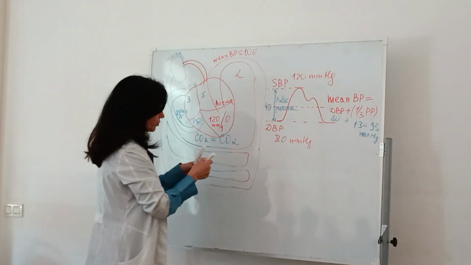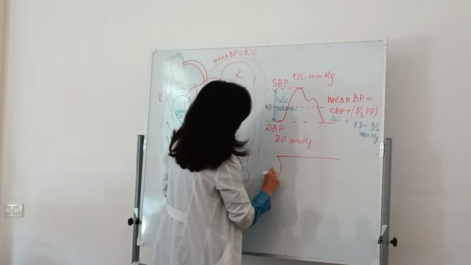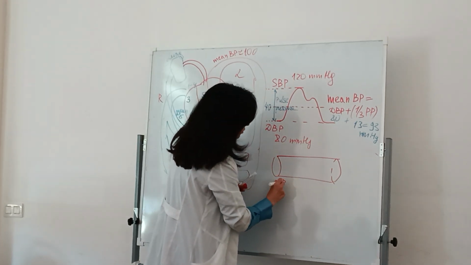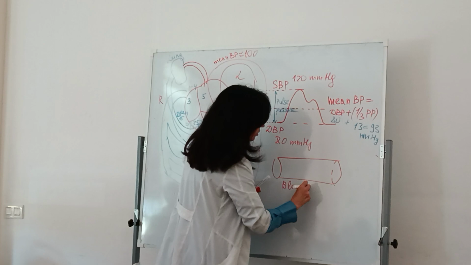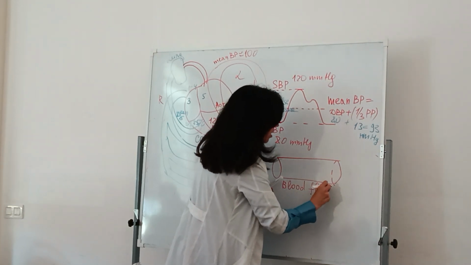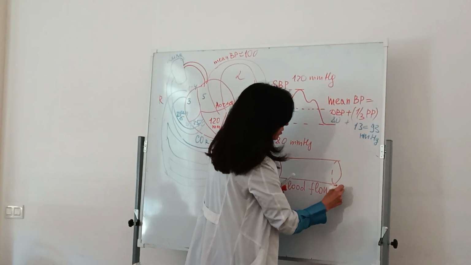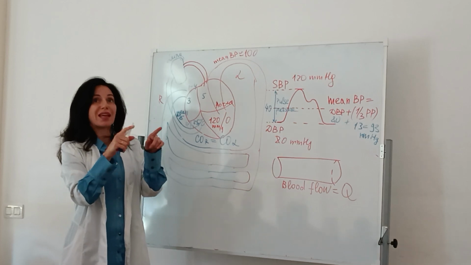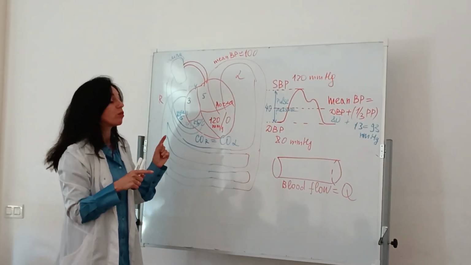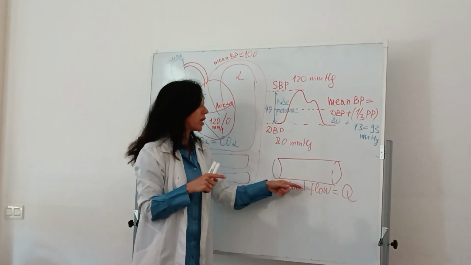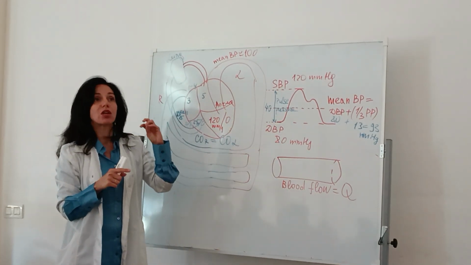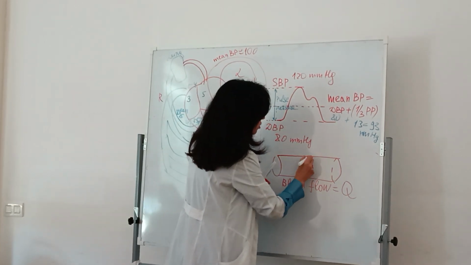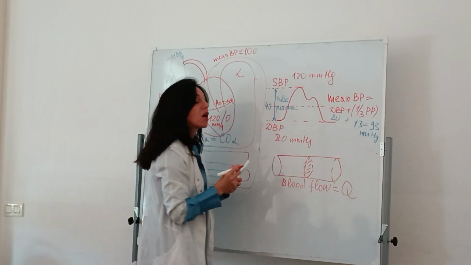Blood flow is marked with the letter Q. Blood flow Q is the total volume of blood flowing across one square cross section of a blood vessel per minute.